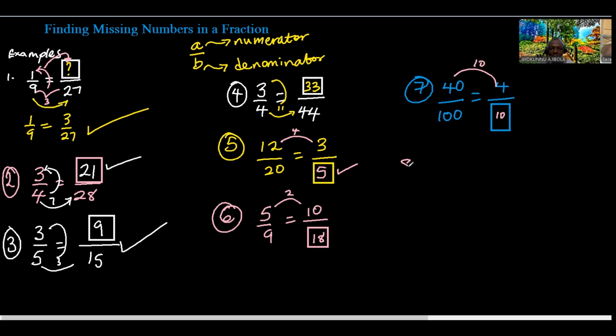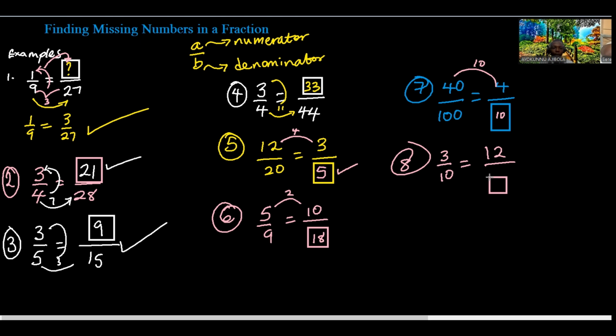Let's take another one, number 8. Let's say we have 3 over 10 equal to 12 over a box.